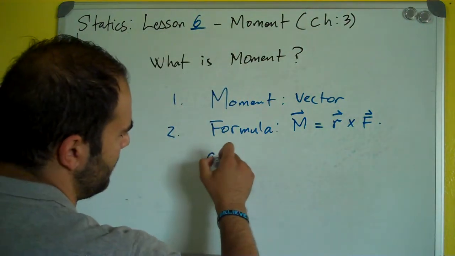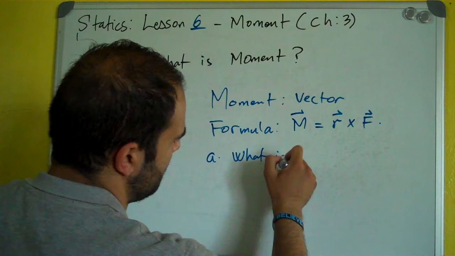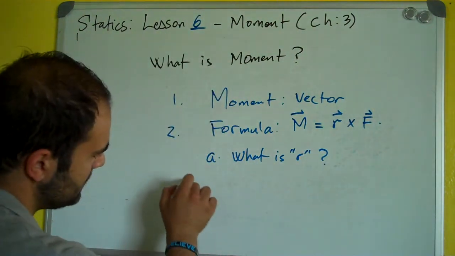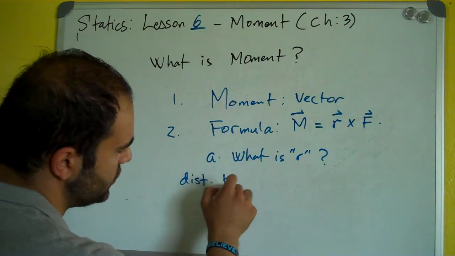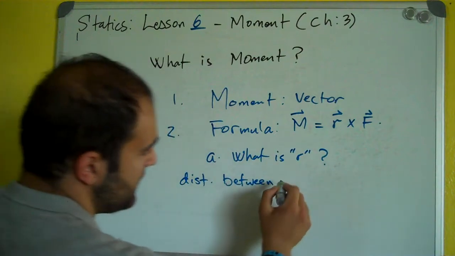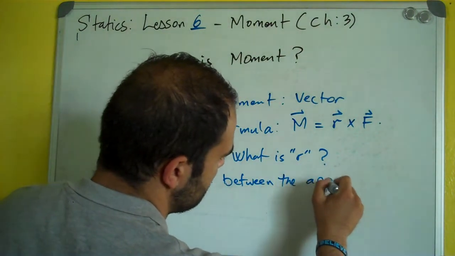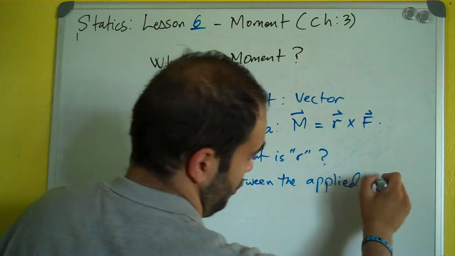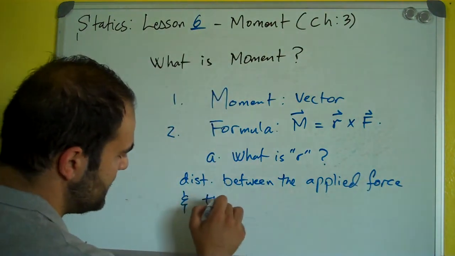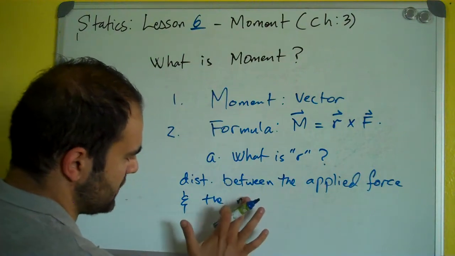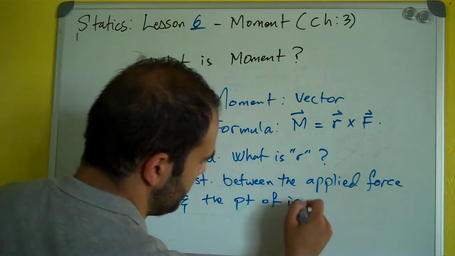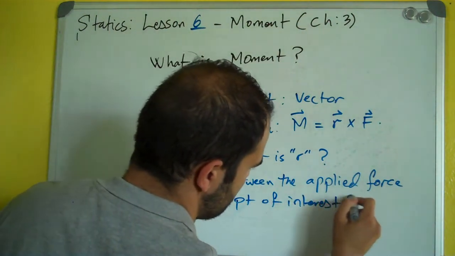Well, what is R? R is the distance between the applied force, or the exerted force, and the moment, or the point of interest.